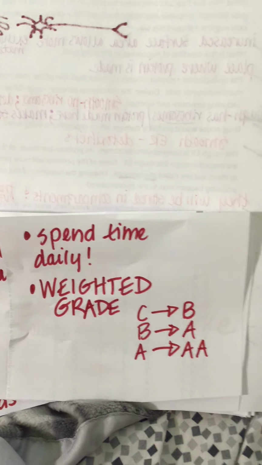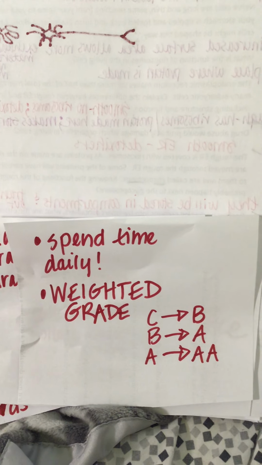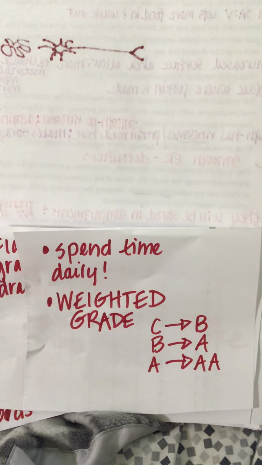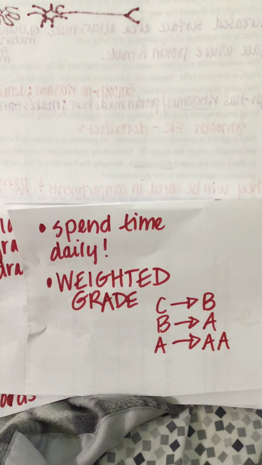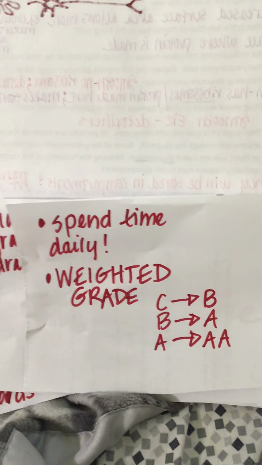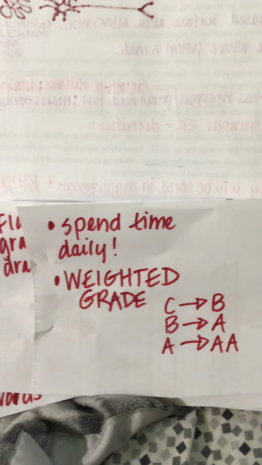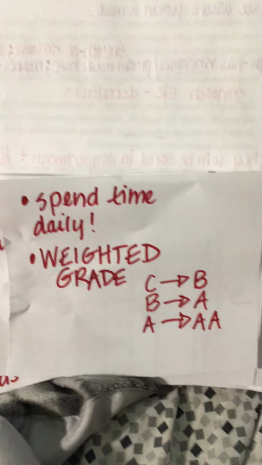If writing out the notes doesn't work for you, then try watching videos, or talking about the notes, or drawing pictures. Try something else until you find what works for you. More than likely, you're going to have several different techniques, because different ones will work for different topics.